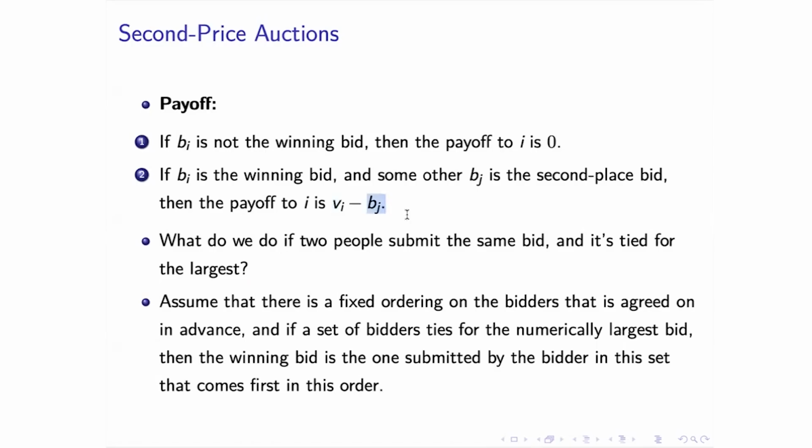In order to complete the description of the game, we also need to talk about what happens if you have ties. That's not going to play an important role here. There are a variety of assumptions that you could have made, all of which are more or less equivalent. One assumption is that if you have ties, then there's an equally likely chance that any of the people who bid the highest is going to get the item.